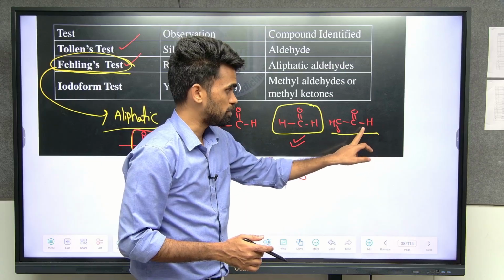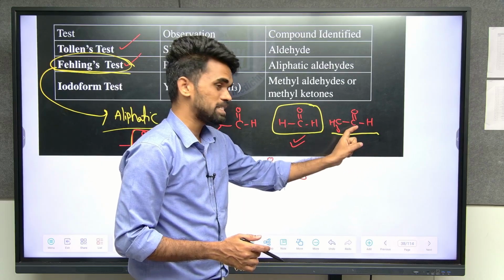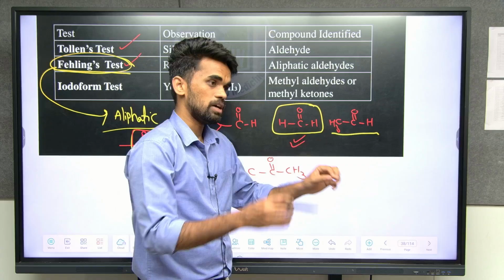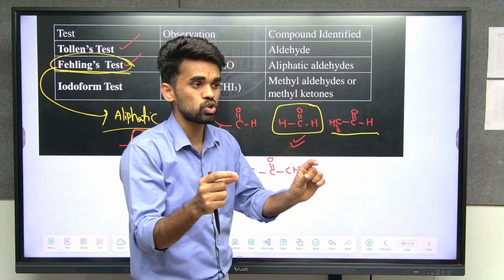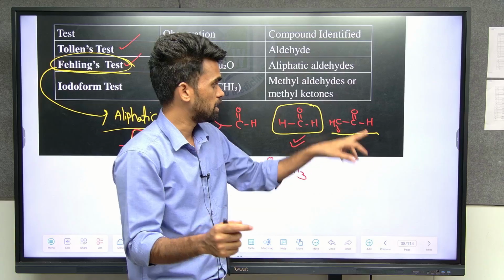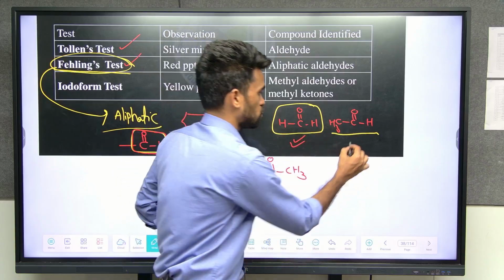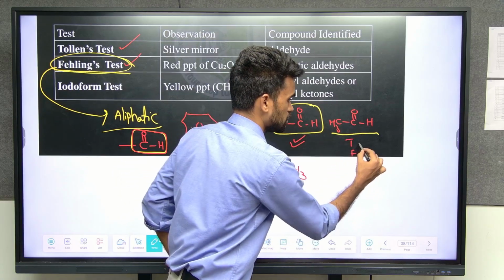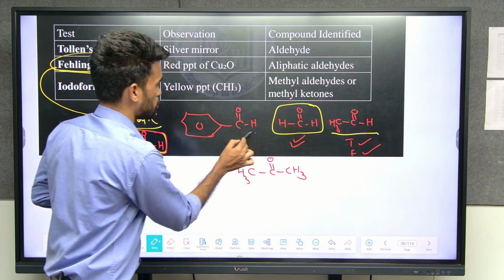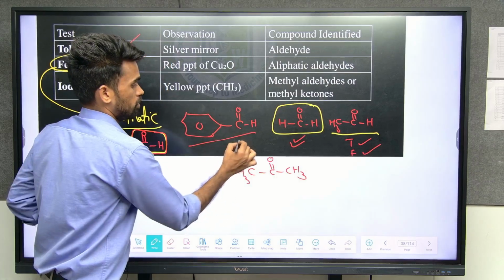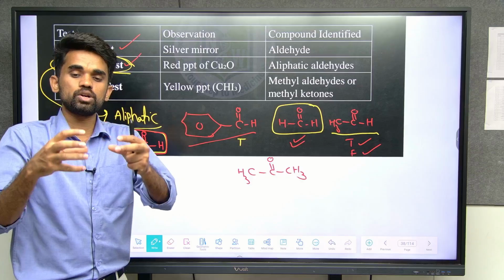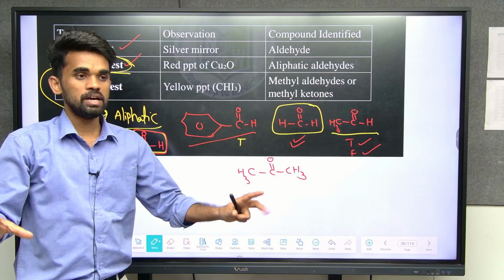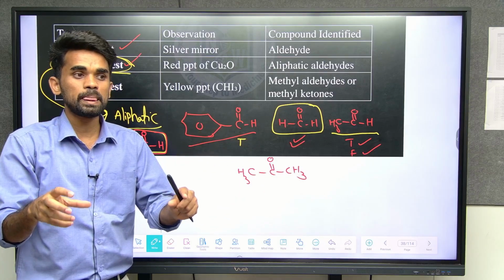Aldehyde. So does it show Tollens test? Yes. Tollens test is shown by all types of aldehydes, but Fehling's test is shown only by aliphatic ones. What about this compound?